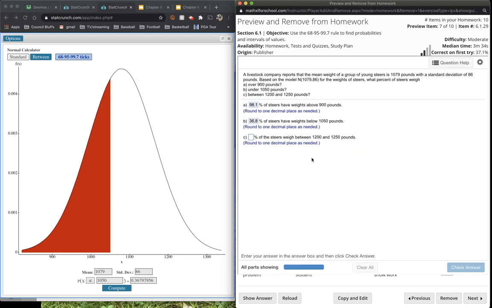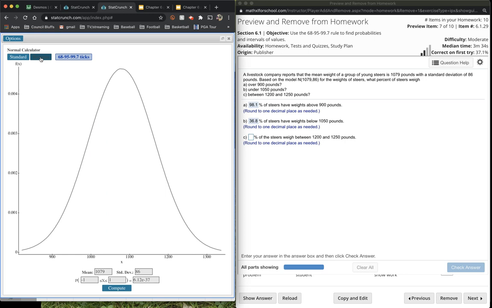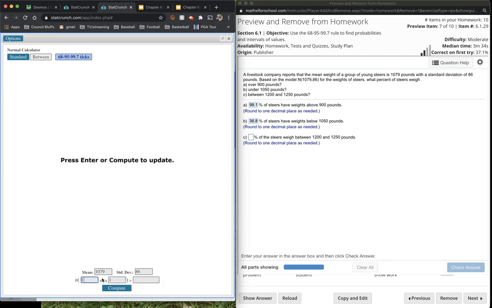Okay. Part C, what percent of steers weigh between 1,200 and 1,250 pounds? So remember with this one, we go up here and we click on between. Notice our mean and our standard deviation is the same, 1,079 and 86. And we want the percent that's between 1,200 and 1,250.